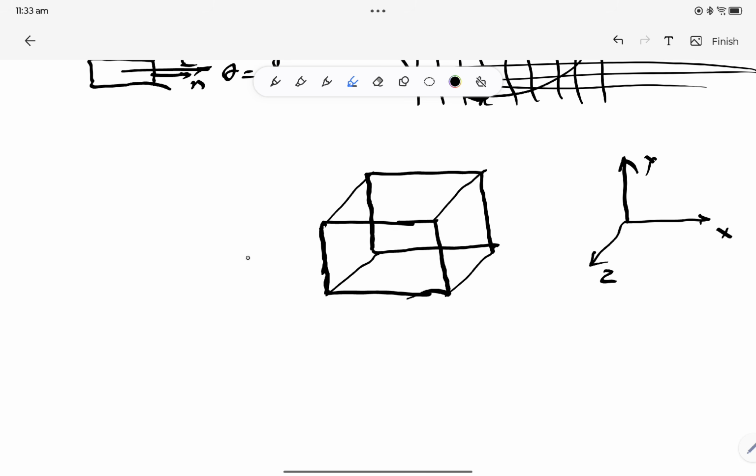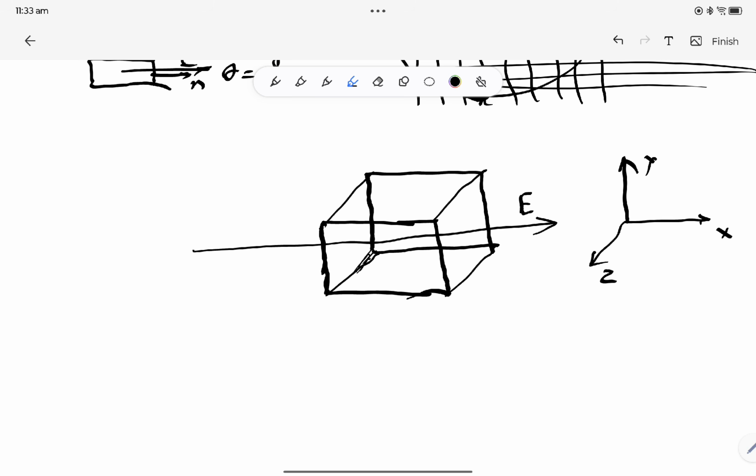So suppose there is an electric field line. I would show many lines, but in order to avoid any jumbling, I'm going to show you just one line. Say there is this electric field line, now passing through this surface.